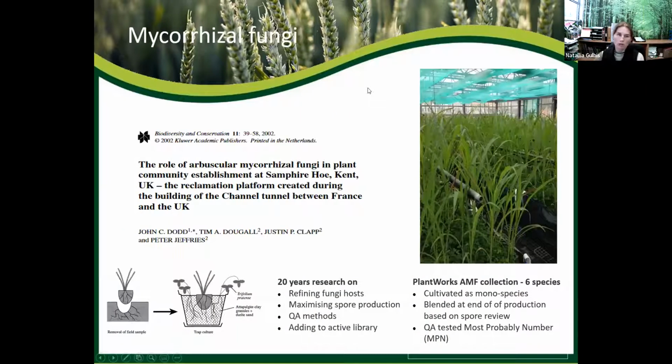The first product I will be covering is mycorrhizal fungi. The company was initiated in the early 2000s, and it is a spin-off of a Biotechnology Institute, which outlived its mother. Back in those days, the Biotechnology Institute was doing lots of research using mycorrhizal fungi, and they couldn't find a good source of inoculum.